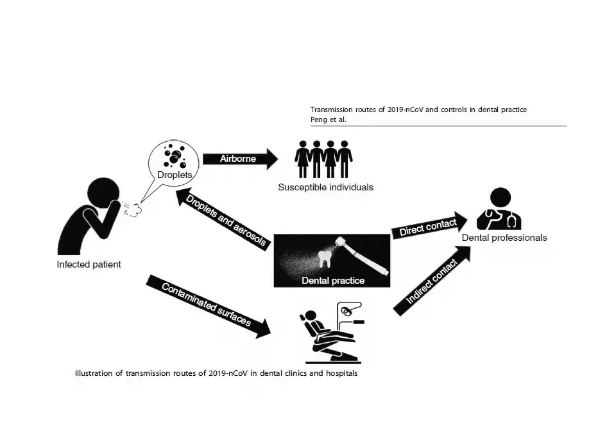Droplets with the aerosols can affect the patient and also contaminate the surfaces, which can cause indirect transmission of infection to all the workers in the dental clinic and even the following patient.